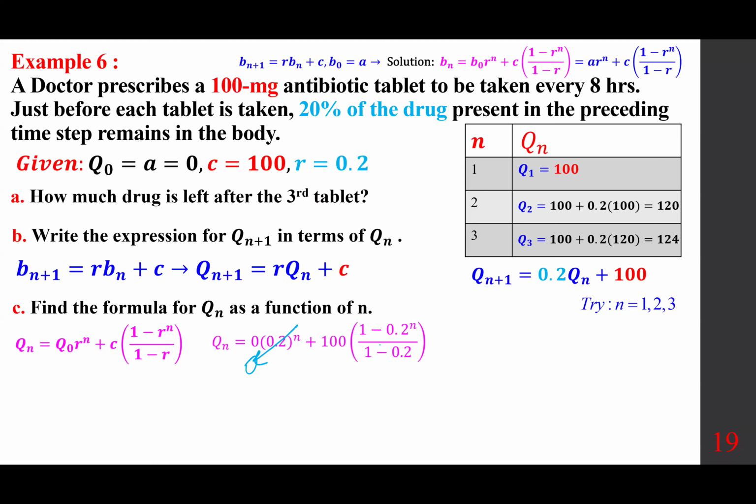This goes to 0, 0.8, put it underneath 100. 100 over 0.8 is the same as 1000 over 8, which is 125.